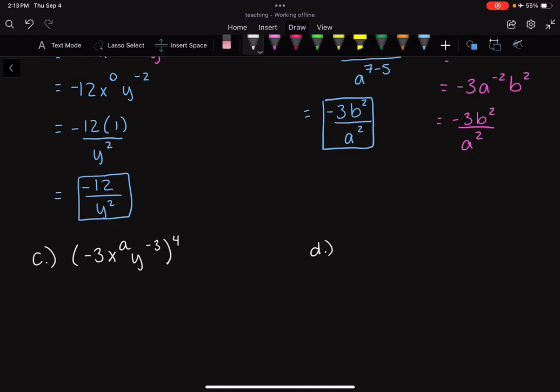And then part D, we're going to take 3a to the 2m minus 1 divided by 2a to the -3m, and this is all to the power of -3.